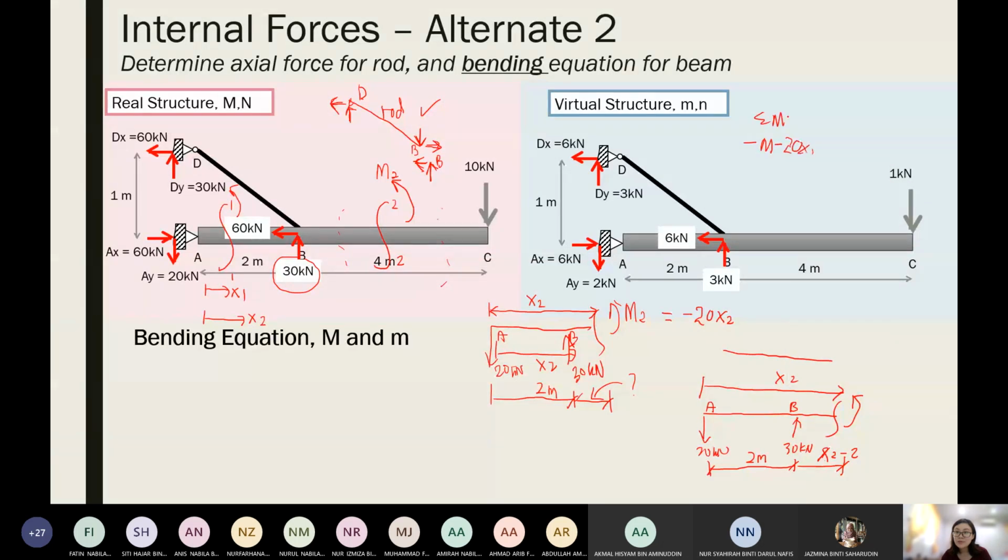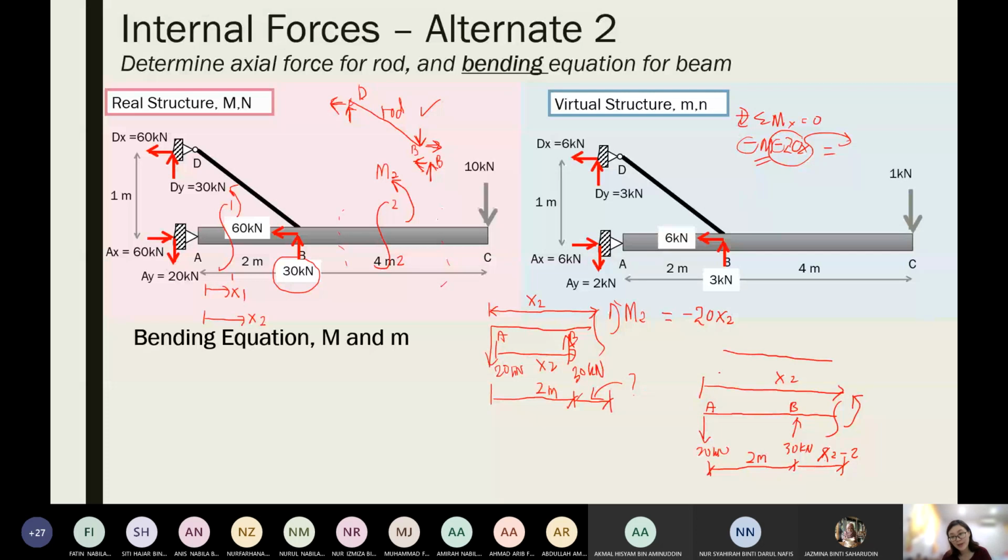If you are putting summation Mx equal to 0 earlier and making sure clockwise is positive, you are deriving negative M minus 20x1. So you can see that you are actually using the same sign. But now I want to throw this to the other side of my equation, so it will be the opposite sign with your moment.